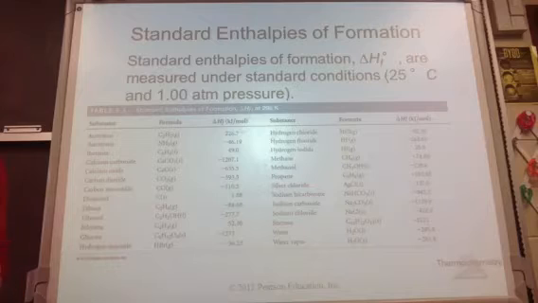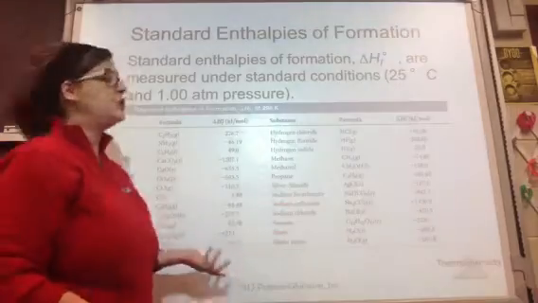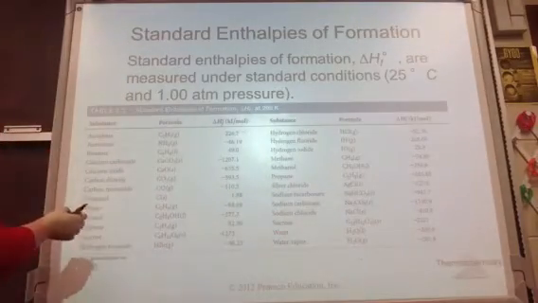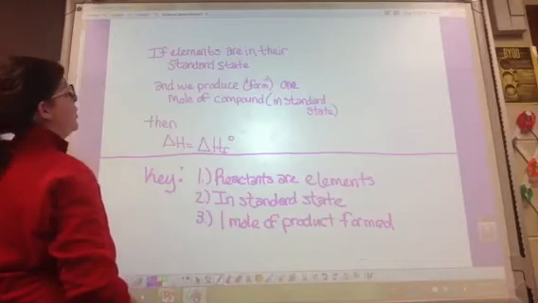Okay, when we look at reactions, specifically when we're looking at an enthalpy of formation reaction, there are some key things that I want us to add to our notes that we're going to need to follow.